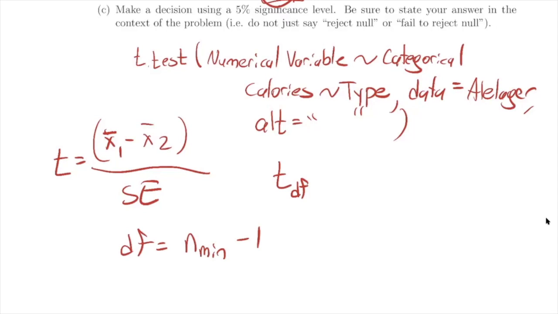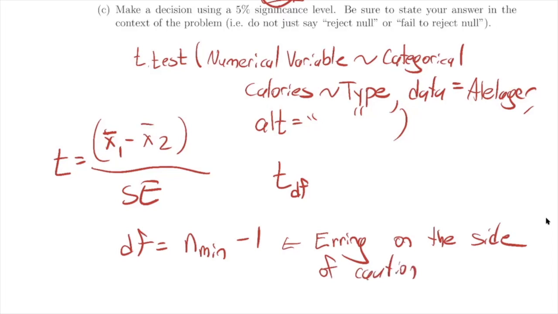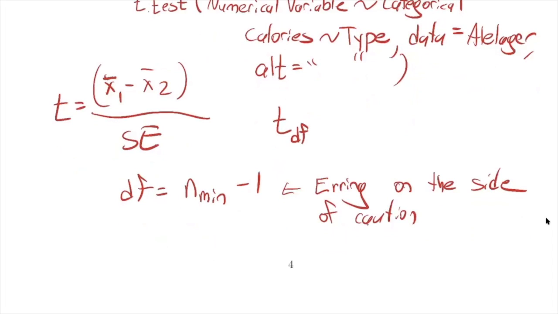And when we use this as our degrees of freedom, I'll just say that we are erring on the side of caution. We're building more error into our estimate than we actually really need. And so there's a formula called Welch's formula to approximate more accurately how many degrees of freedom we can use.